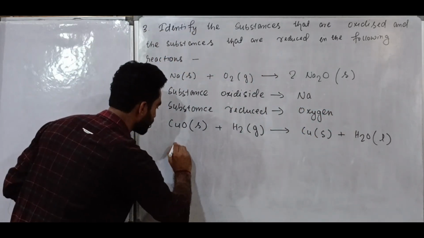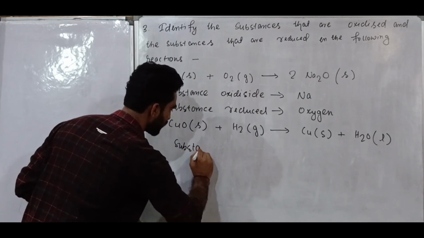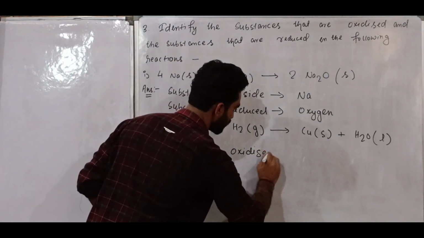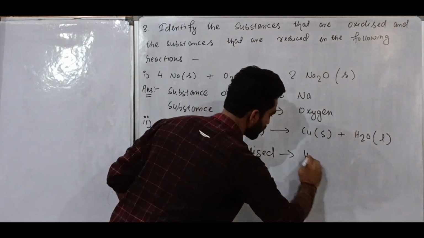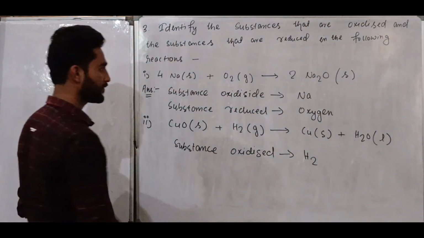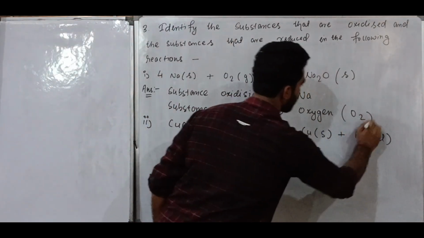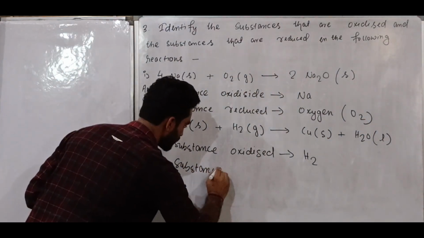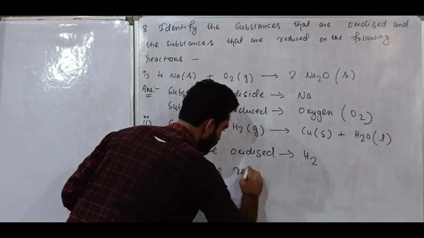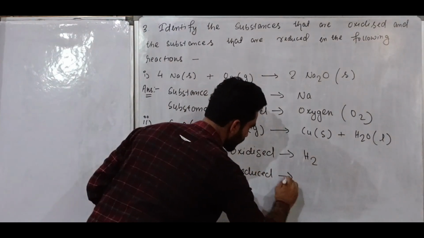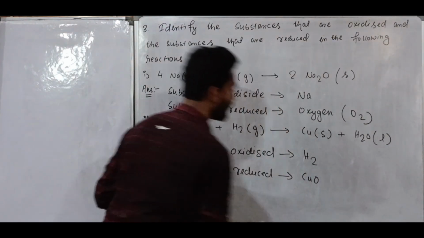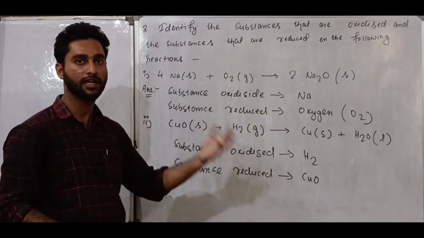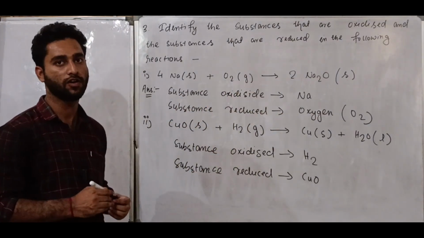So here according to this question, the substance oxidized is hydrogen and the substance reduced is copper oxide.